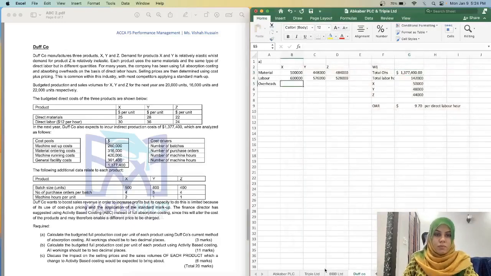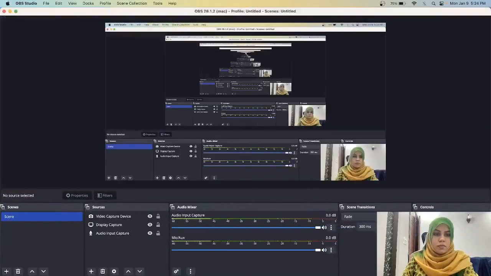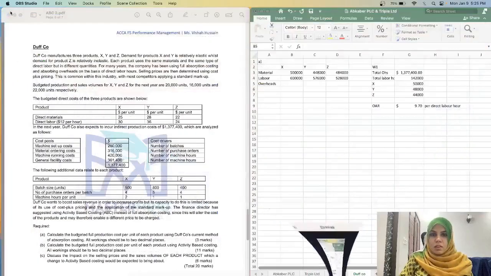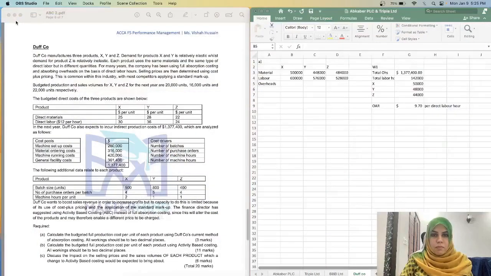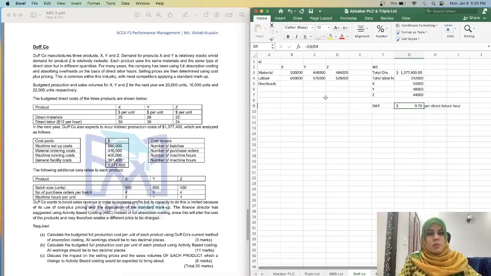Now you have computed the OAR, $9.7 per direct labor hour.